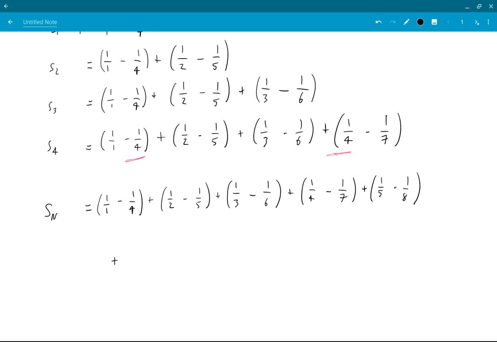And this is plus dot dot dot plus. So we're talking here about the nth term in the sequence of partial sums. Maybe I'll throw in one more term here. We're trying to see cancellations here, so often more is better.